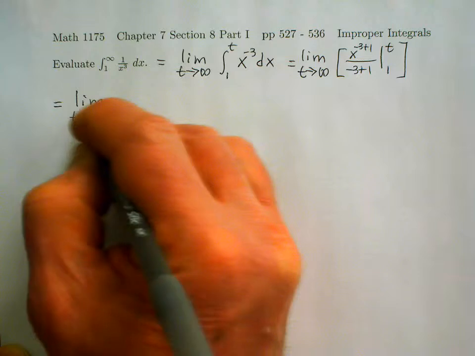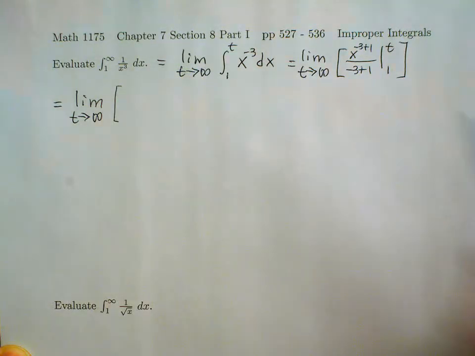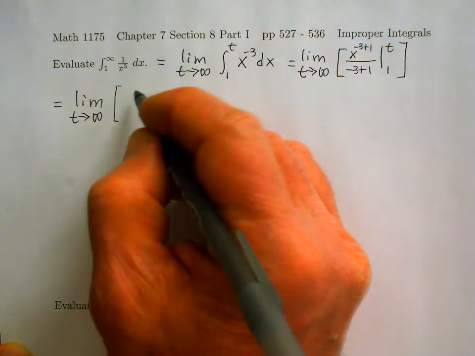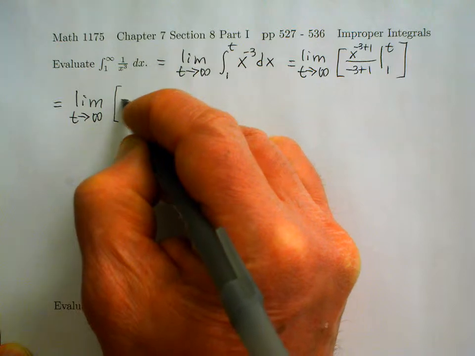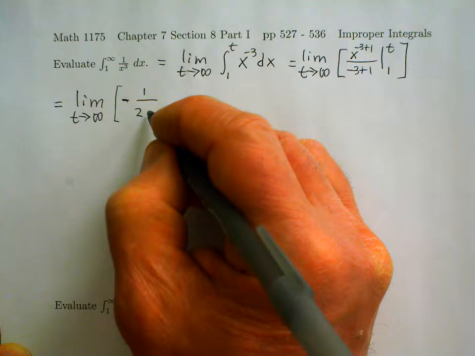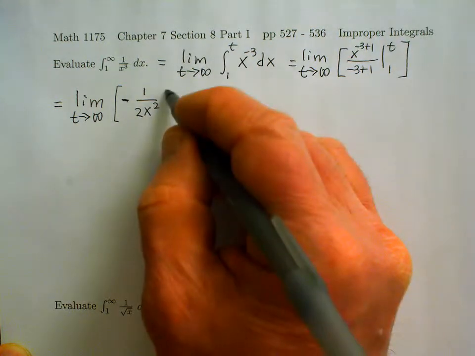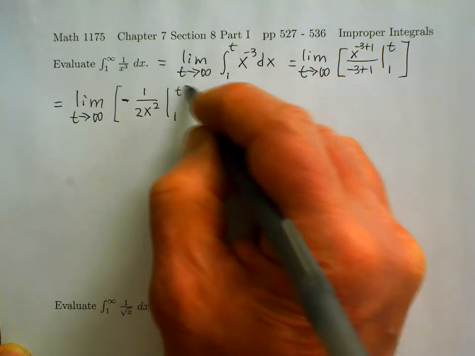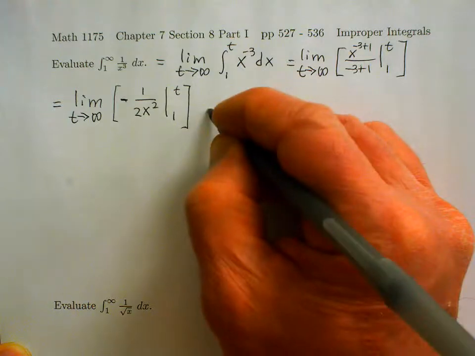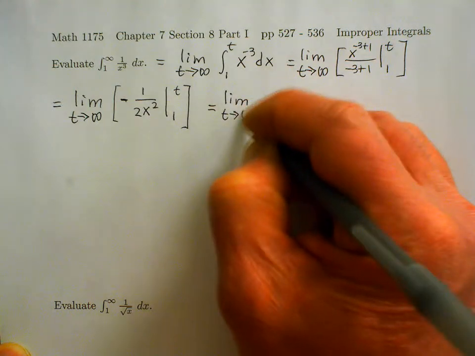So the limit as t approaches infinity, so this is negative 1 over 2 x to the second. Is that what you got? And then the limit as t approaches infinity.